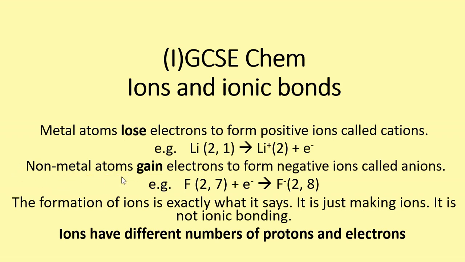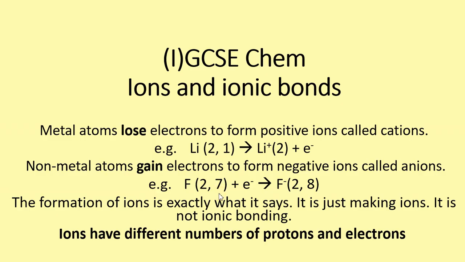Non-metal atoms, as you would expect, are the opposite of metal atoms. They gain electrons to form negative ions called anions. The "an" in anion makes me think negative. Fluorine, for example, F, starts with electronic configuration 2,7, gains an electron to get a full outer shell 2,8.